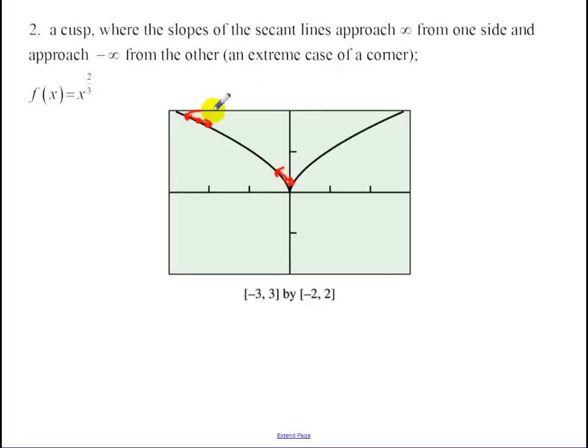So our secant lines are approaching negative infinity from one side, and then on the other side, say this tangent line here, it's approaching positive infinity as I get closer and closer to 0. A lot of times this happens when the exponent of your function is a fractional number.